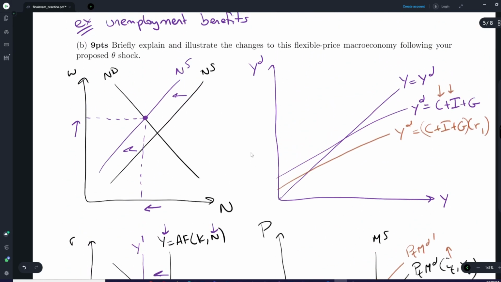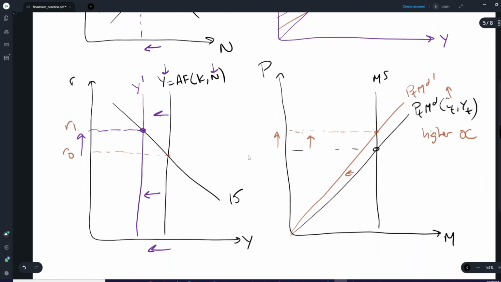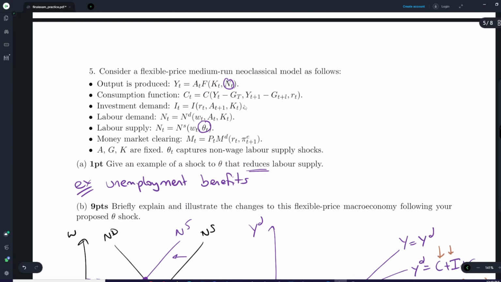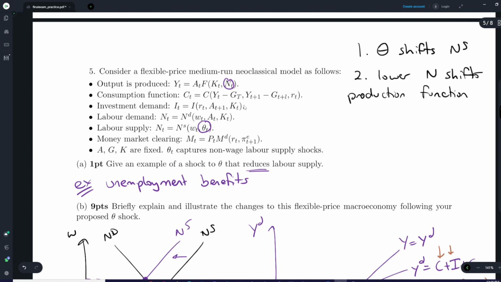So I've, again, tried to walk you through this. In a test, I would try to explain this more, and I've drawn these things a little bit too quickly, right? So the first thing is theta shifts NS, right? 2, lower N shifts the production function. And this leads to a higher R. I don't know why I'm writing so big.